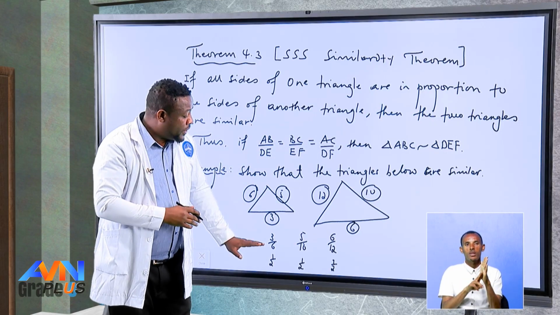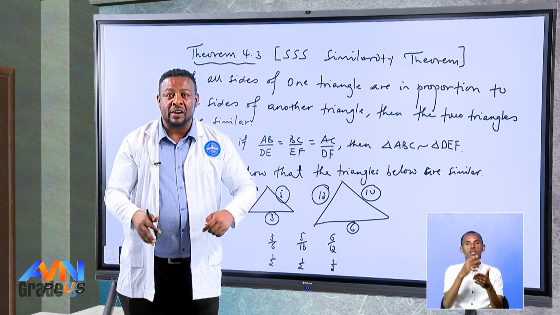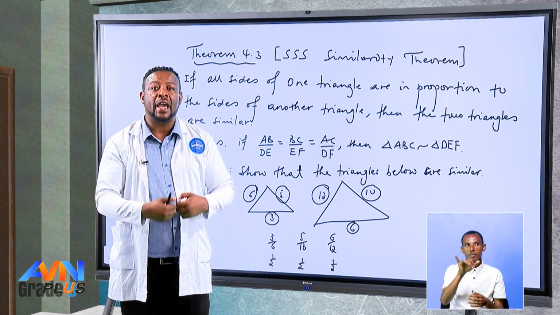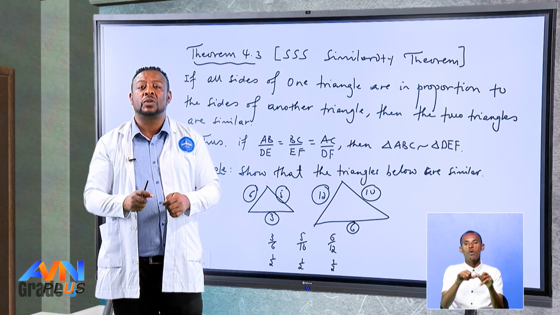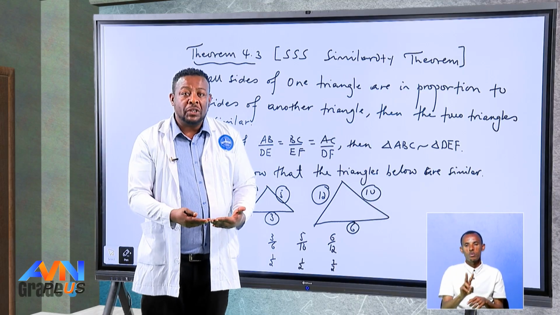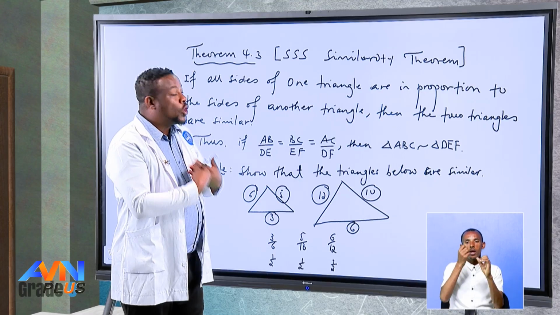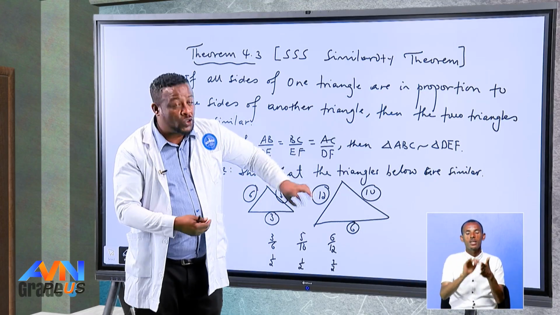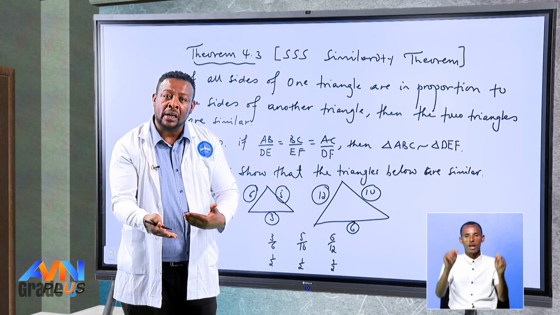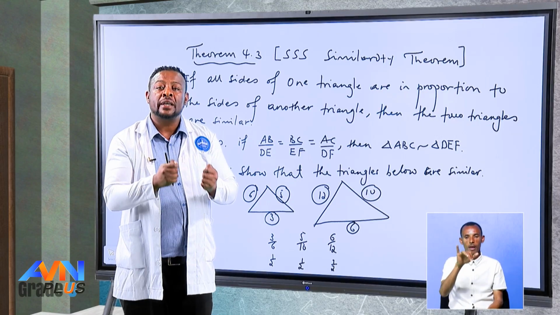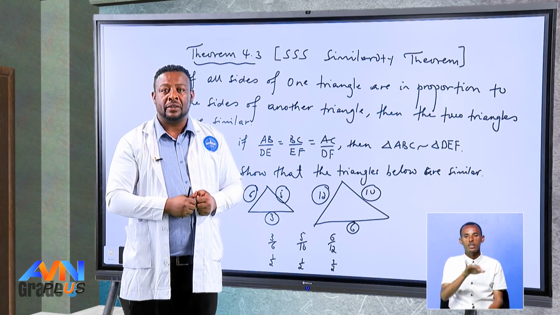So clearly, all these ratios are the same. There is a constant of proportionality, which is 1/2. So from this, we can conclude that the given two triangles are similar by side similarity, right?